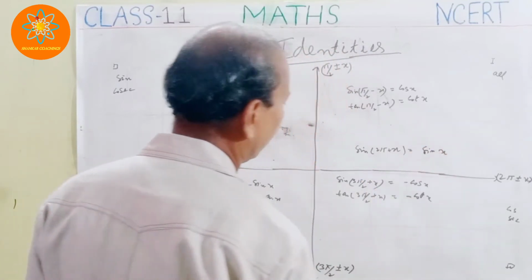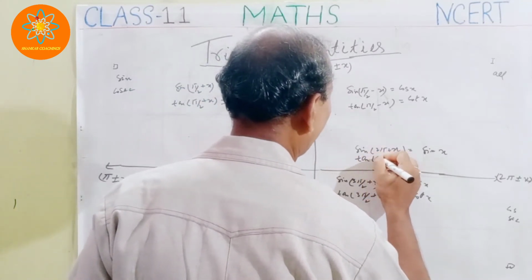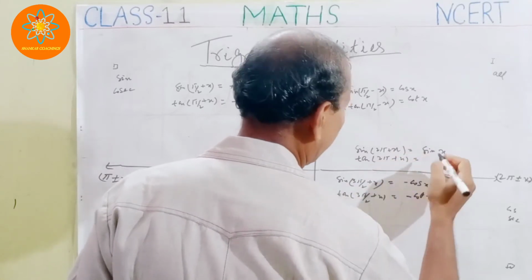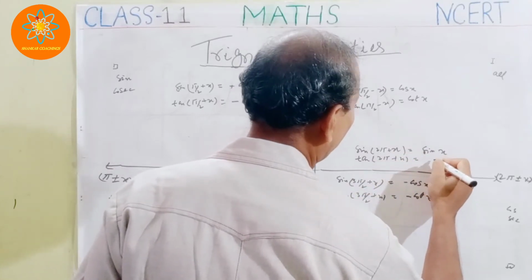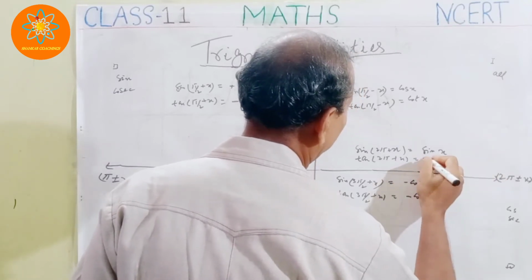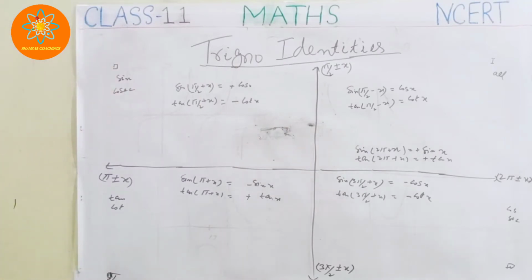It will be in the first quadrant. The y-axis does not change, the x-axis changes, so it will not change. So that is your sine x. Similarly, let's suppose I am taking tan(2 pi plus x). It will not change, so it will be your tan x, and in the first quadrant all are positive. So this is positive. Likewise, you can take any trigonometric identities.